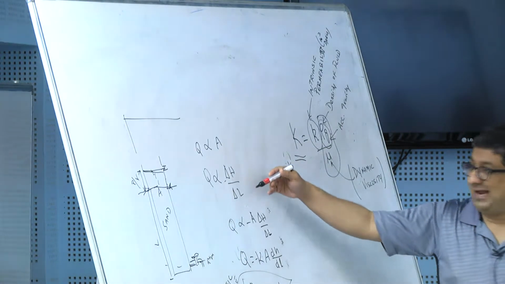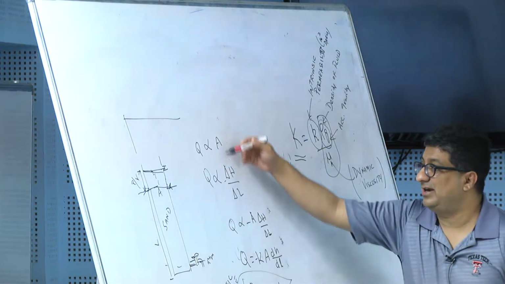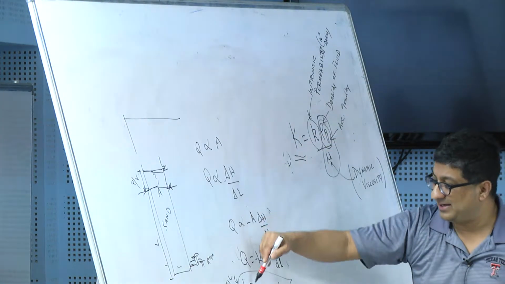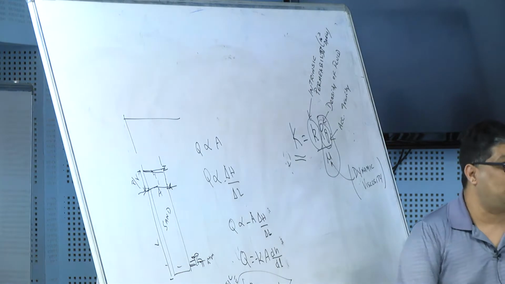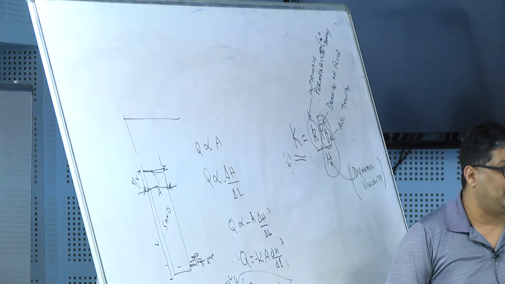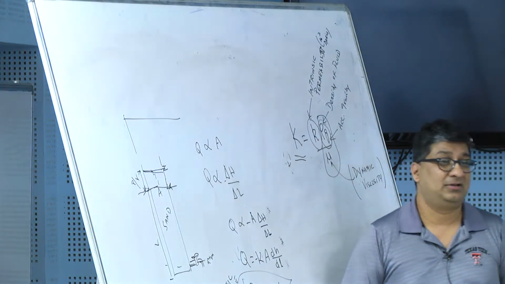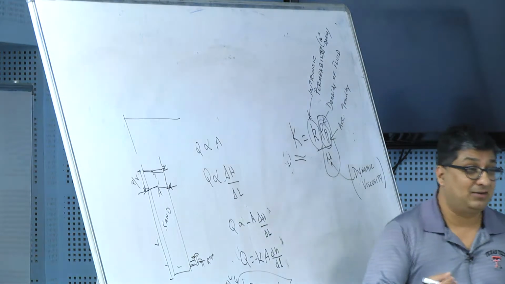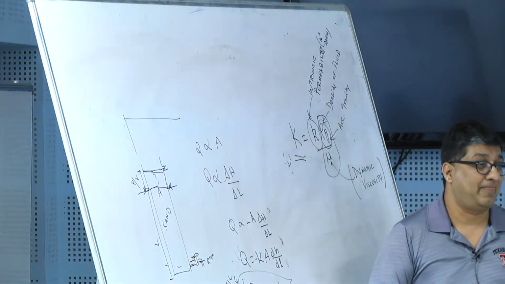And what he found was, since these two relationships held, to mathematically write that equation, he had to put in a constant of proportionality. And that constant of proportionality is hydraulic conductivity. In other words, you cannot measure hydraulic conductivity in the field directly.